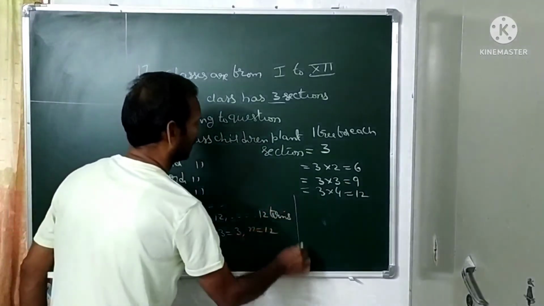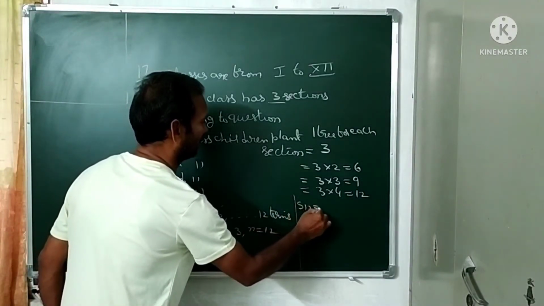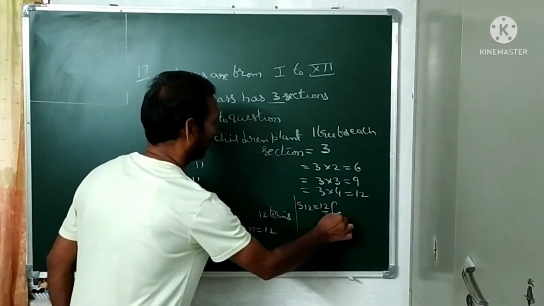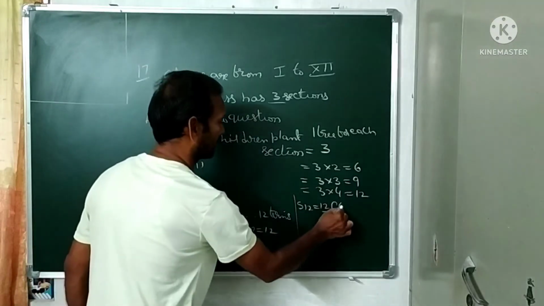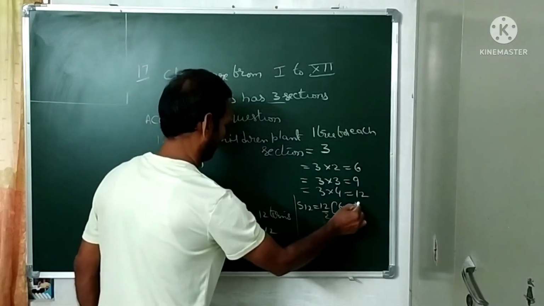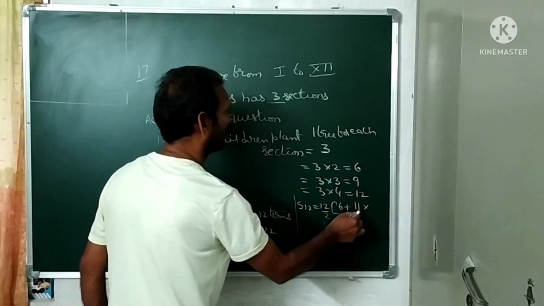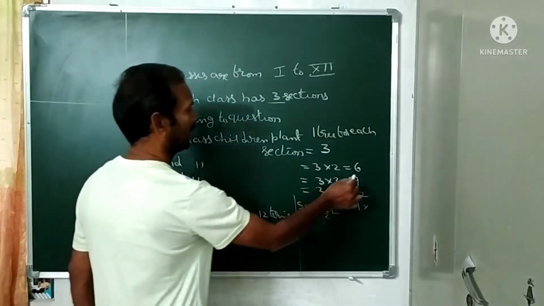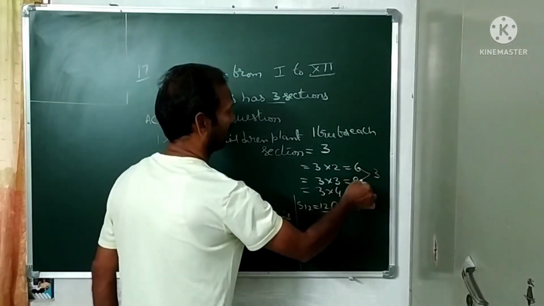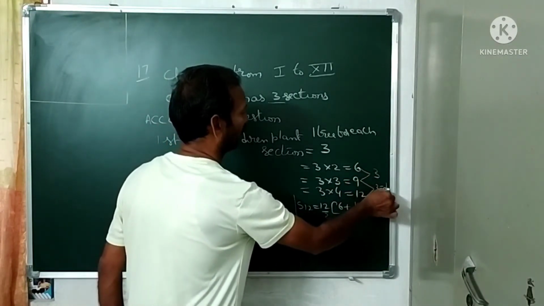What do we calculate? S12 is equal to 12 by 2 into (2a, 2 times 3, 6, plus (n minus 1), 12 minus 1, 11, into d value). See, my d value, what? The difference here is 3. This is the value of d.